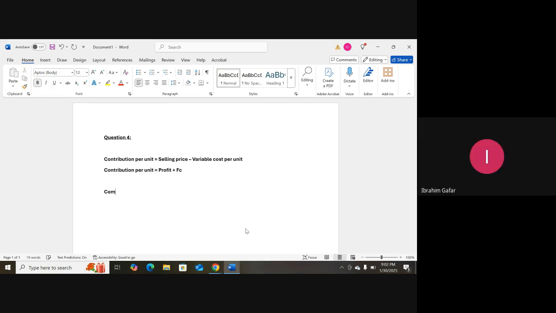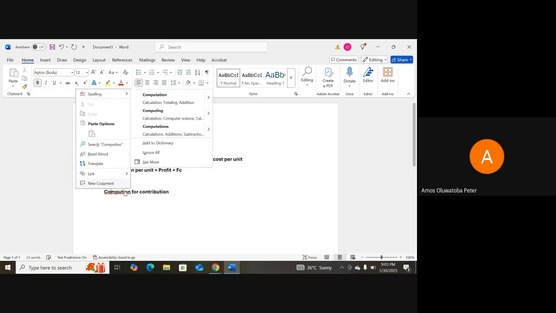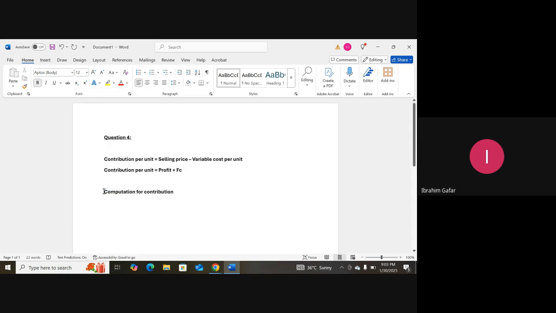So therefore, let's say computation for contribution, which is, I can say, step one.